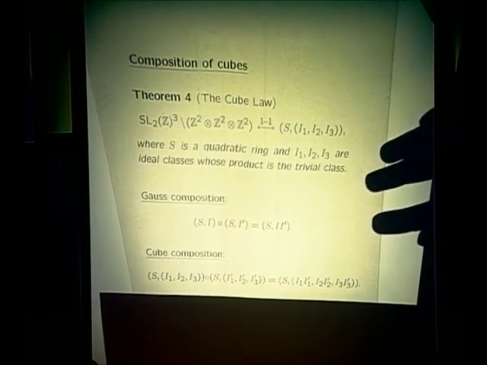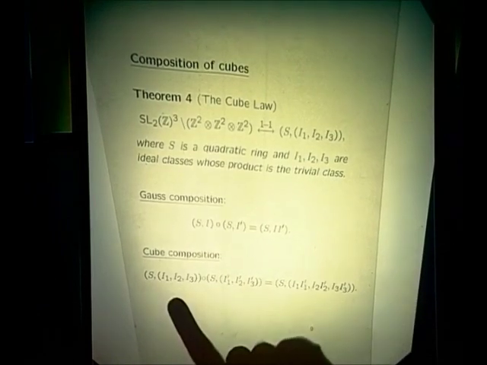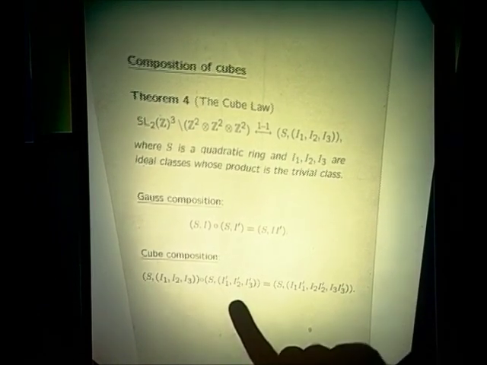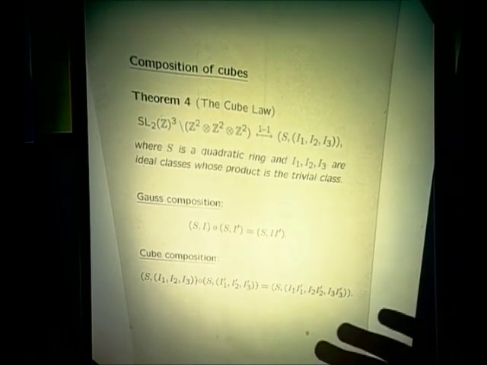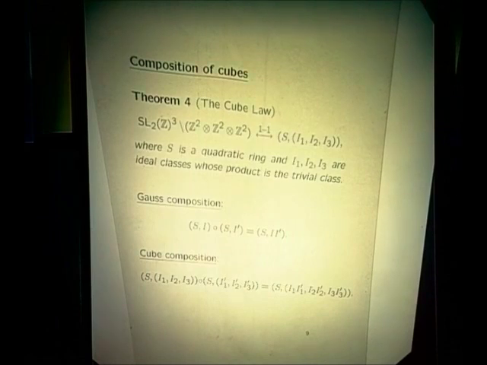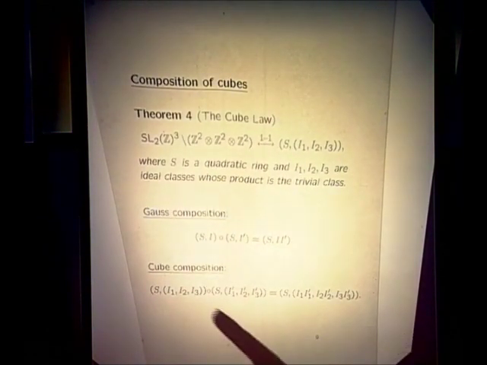And one can actually describe this purely in terms of the cubes. You have a 2 by 2 by 2 cube and another 2 by 2 by 2 cube of the same discriminant. Then you can give an algebraic formula that produces a cube here. But in terms of ideal classes, in terms of what those orbits parameterize, this makes it very clear what the composition should mean. It corresponds to multiplication of the respective ideal classes.